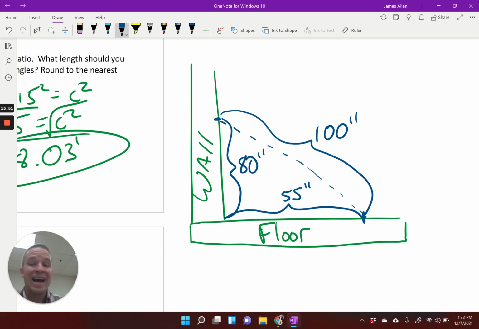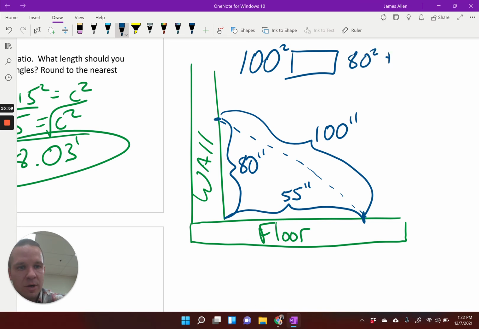Just different terminology. I can use my Pythagorean converse, 100 squared, I don't know, and then my other two sides, 80 squared plus 55 squared. All right, so if I do 80 squared plus 55 squared, I end up with 9,425. Here I'm going to have 4 zeros.